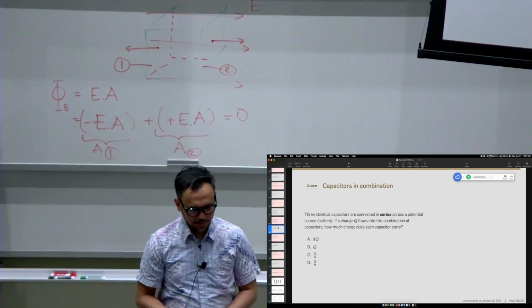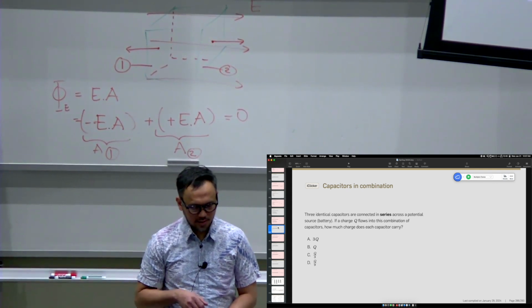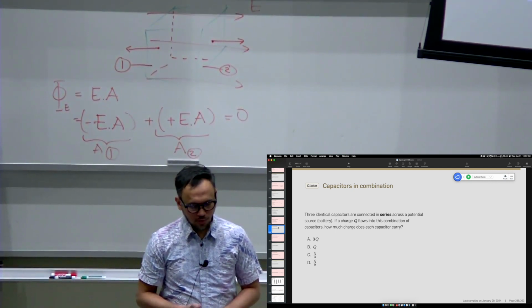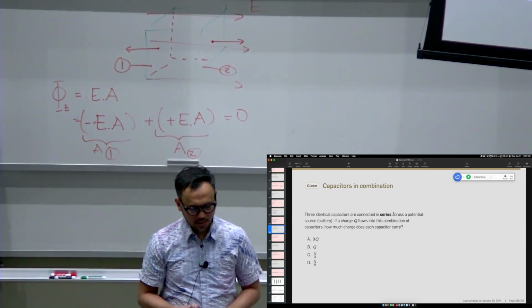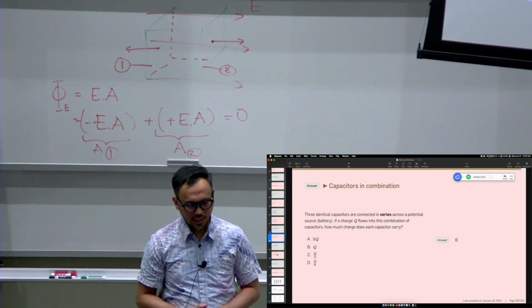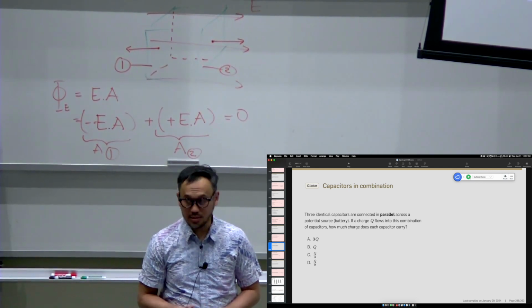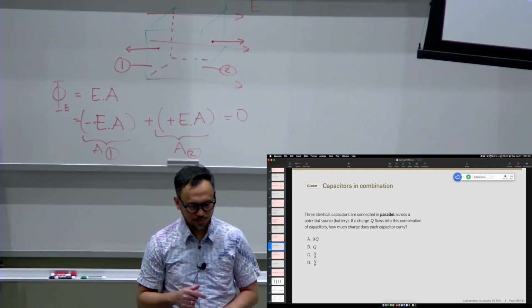Let's do parallel, or maybe series. 3 identical capacitors are connected in series across a potential source, which is basically a voltage. If a charge Q flows into this combination of capacitors, how much charge does each capacitor carry? So it is a series. What is the answer to this?